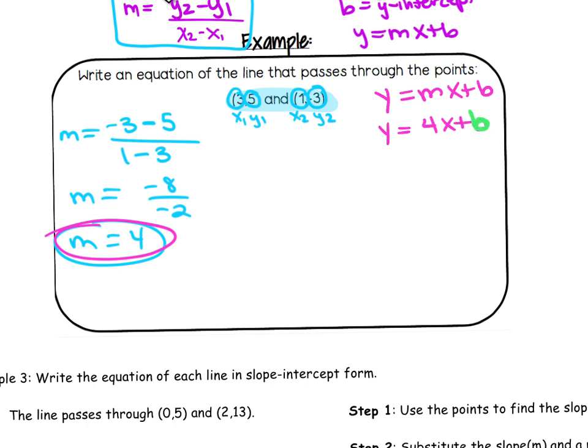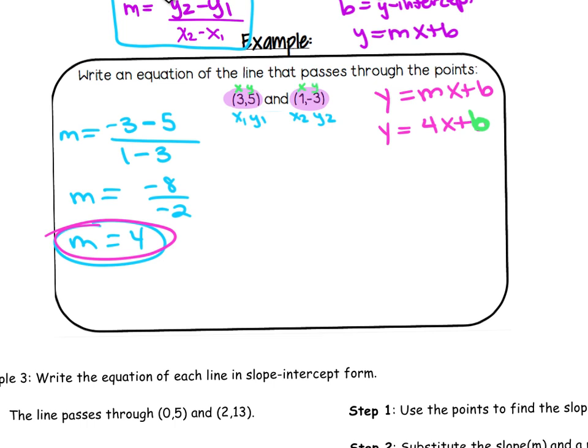Well, it's the same process we've been doing. We have points that we can use. Both of these are points on the line. 3, 5 is a point on the line, and so is 1, -3. You need to pick one of these points to plug in for your x and y.